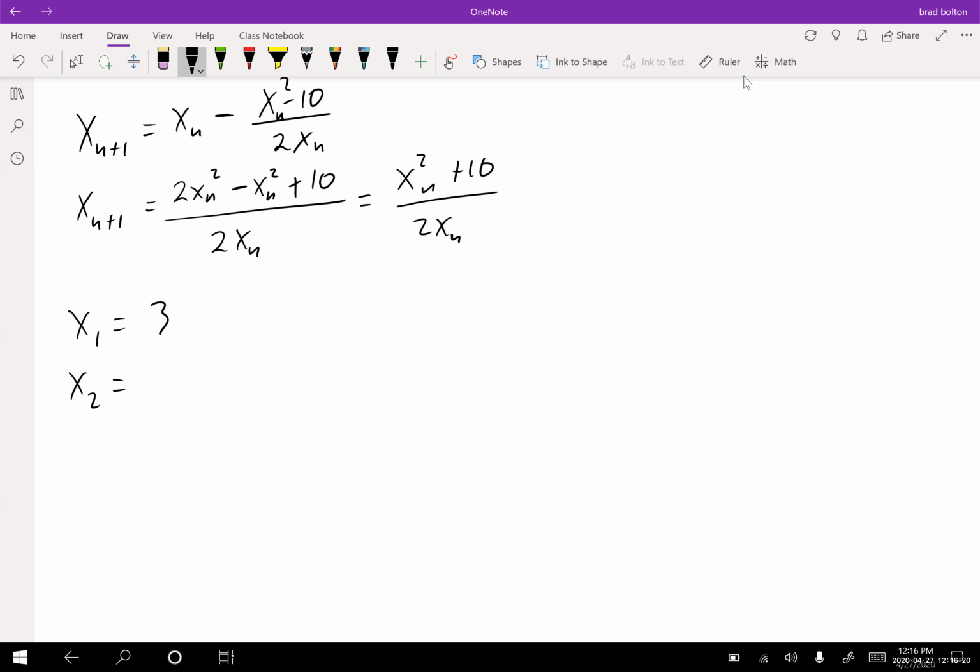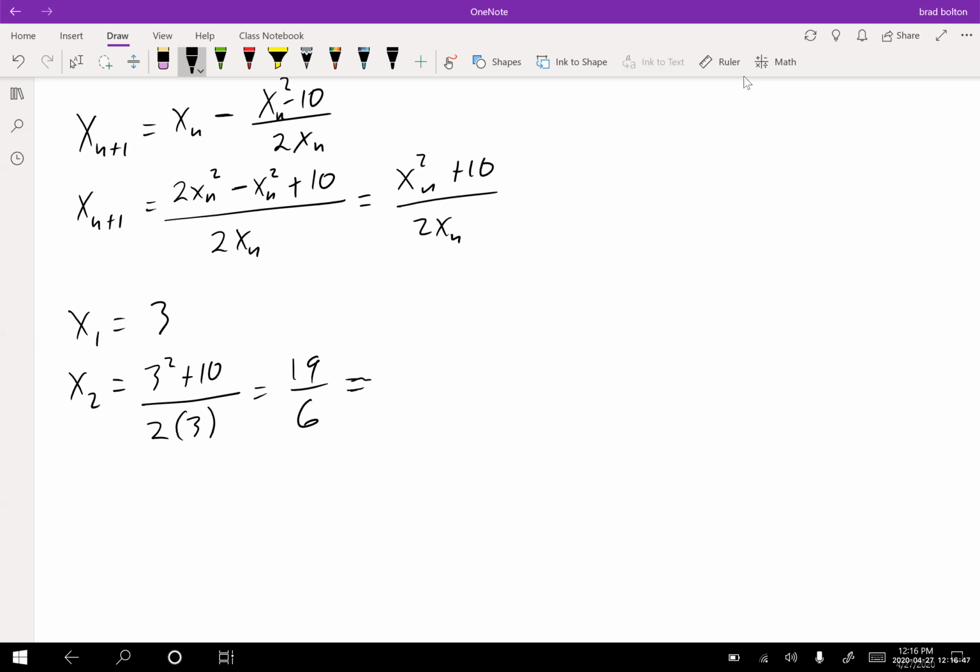So x sub 2 would use whatever x sub 1 was, right? So we plug in 3 squared plus 10 over 2 times 3. That would be 19 over 6. Let's see what that is as a decimal. I left my calculator inside, so I'll write down what the decimal is.